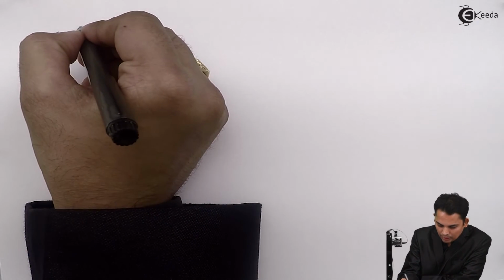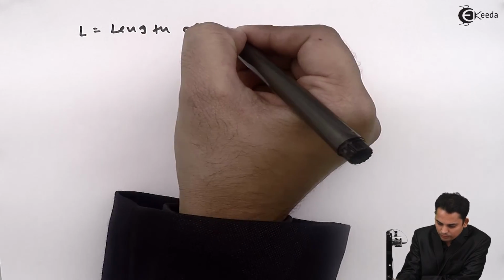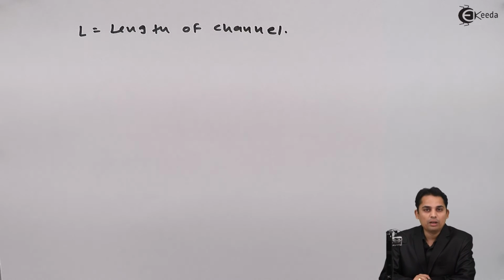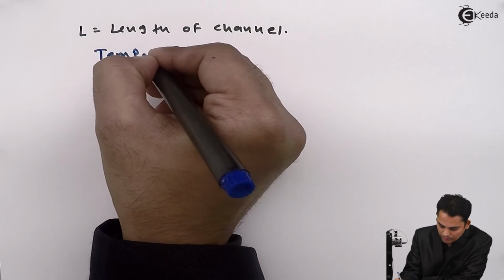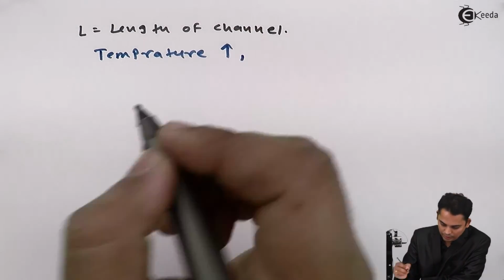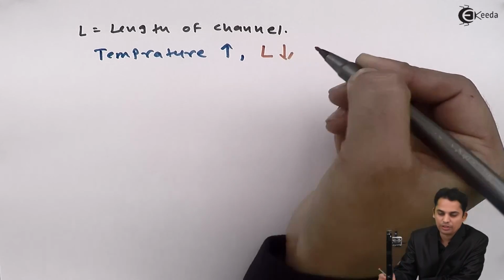Simple. The second parameter on which the drain current depends is the channel length. So let L be the length of the channel. This length of the channel decreases with an increment in the temperature. So if temperature increases, then channel length L starts decreasing.